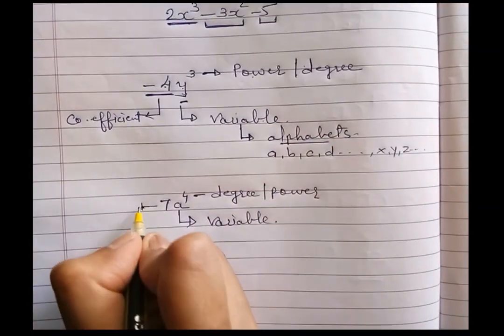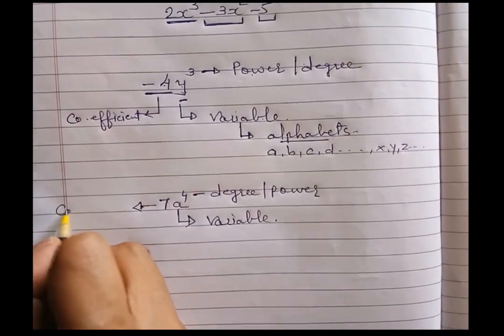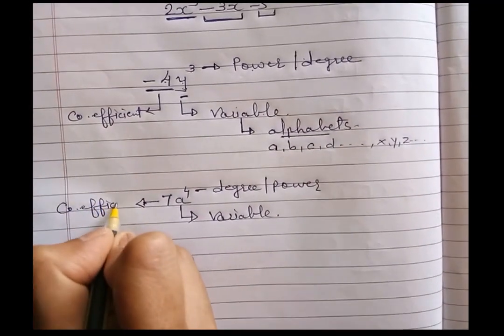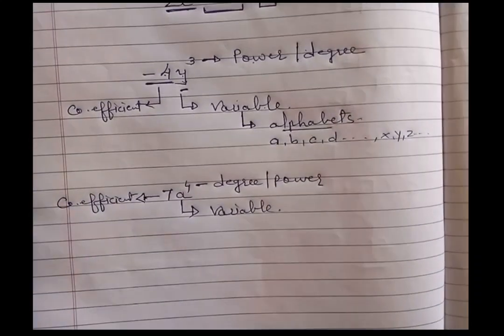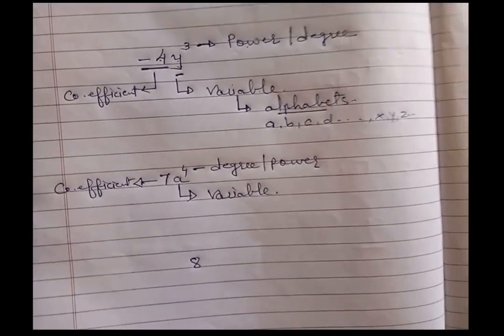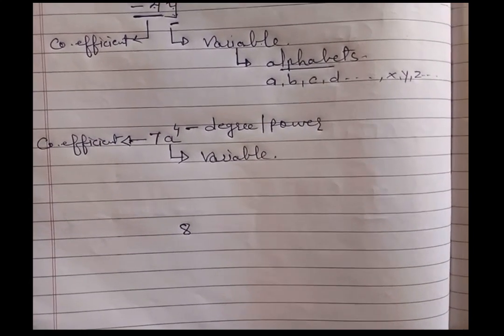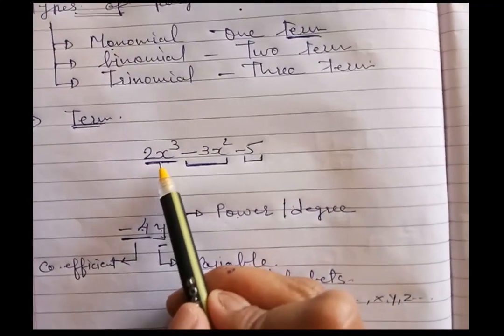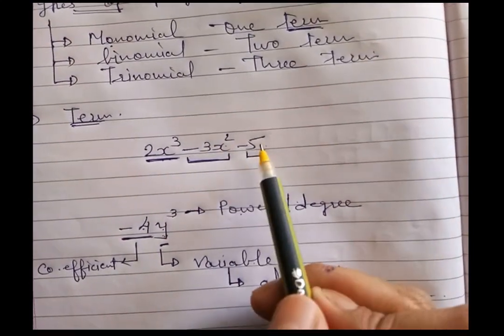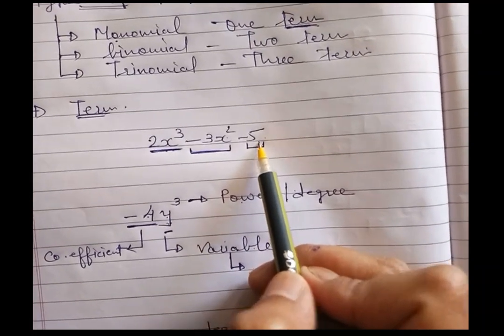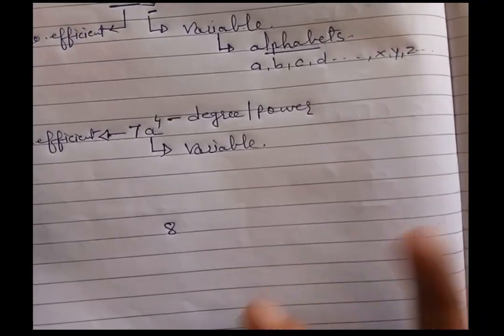And what is 7? 7 is the coefficient, right? If I say 8, then 8 is also a term, right? See here, 1 term, 2 terms, 3 terms, that means 5 is also a term. In the same way here 8 is also a term.